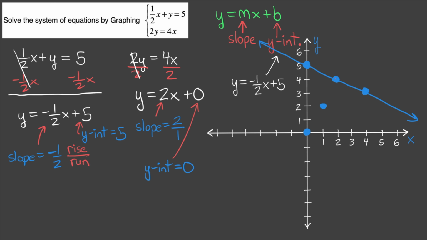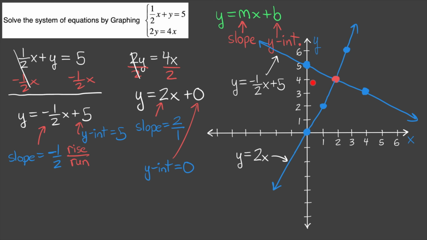So now we know our intersection point. I will do that in red. Then we'll go up 2, right one more time. So that's about right there, just to kind of help with the graph. So there is our graph here. A little bendy, but that's okay.